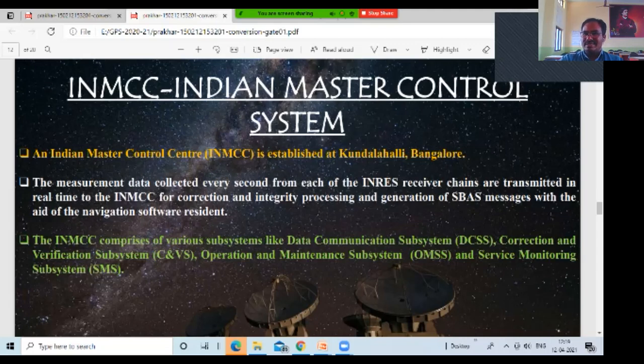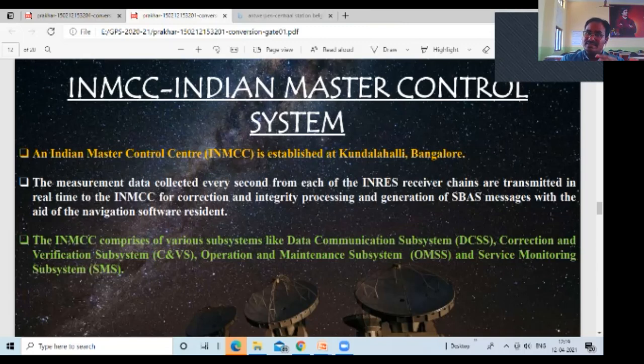So INMCC is consisting of the data communication subsystem. It will take care of only the data communication from the reference stations to the control station, from the control station to the uplink station. Only the process of data communication. And the second one is the correction and verification subsystem.